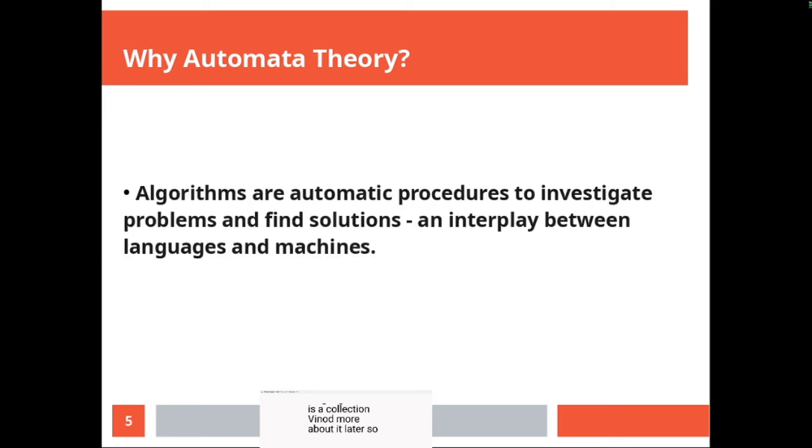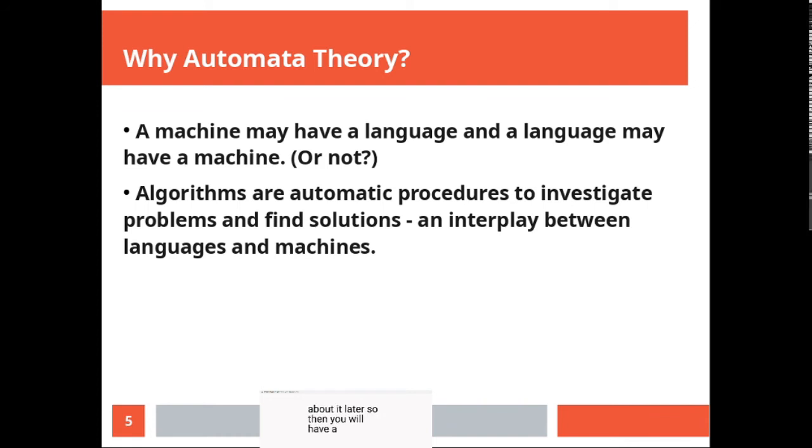Then you will have a machine which may have a language, and a language may have a machine. There can be a machine which does not have any language at all, that is, it does not accept any input. There will be languages accepted by certain kinds of machines, but there can also be languages which do not have any machines to accept them.